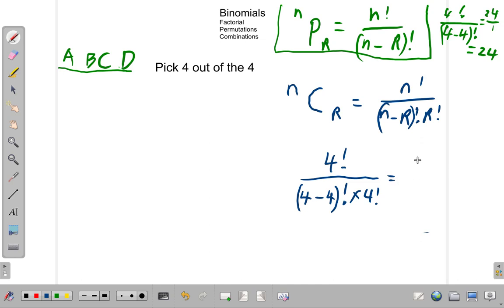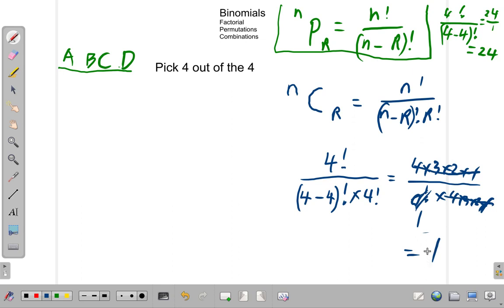So here 4 factorial, which is 4 by 3 by 2 by 1, divided by 4 minus 4 factorial, which is 0 factorial, times 4 factorial, which is 4 by 3 by 2 by 1. We see that 0 factorial is really 1, so 4 by 3 by 2 by 1 cancels 4 by 3 by 2 by 1.